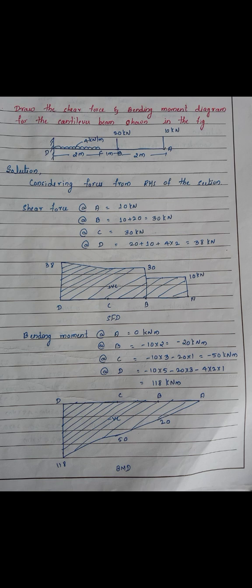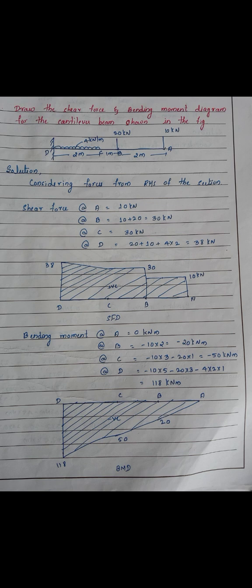Whenever we calculate the shear force from the right hand side, we need to consider the downward direction load as positive and the upward direction load as negative. Here the 10 kilonewton load is acting in the downward direction, so it will be positive. So shear force at A is equal to 10 kilonewton.